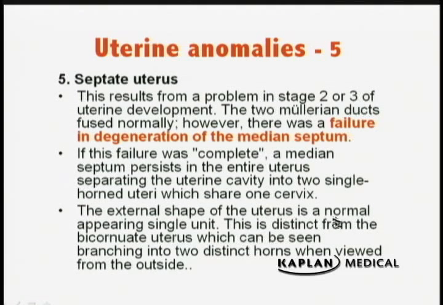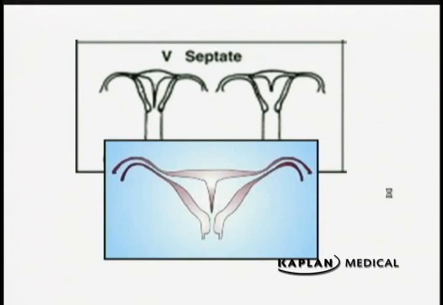The external shape of the uterus is normal, so you don't have the 2 horns looking from the outside. They look normal. So here we have a normal appearing uterus on the outside, but here we have a septum to varying degrees. This is a long septum, this is a short septum. But there's a single cervix.